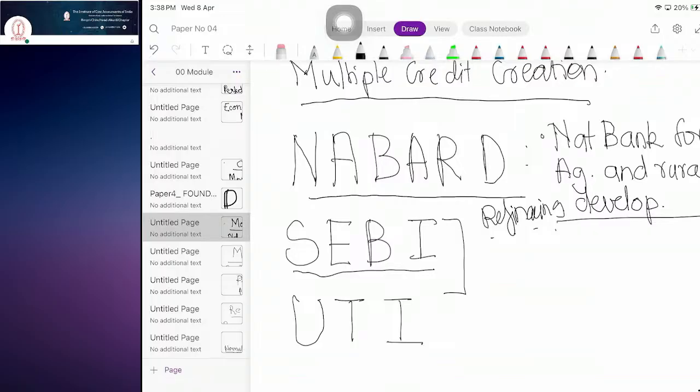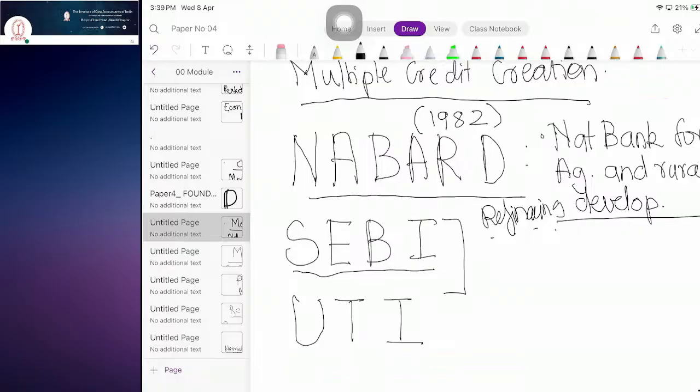One more thing to remember: sometimes in your multiple choice questions they ask the year of formation. NABARD was formed in the year 1982. We are at page number 134 and 135 of your book.